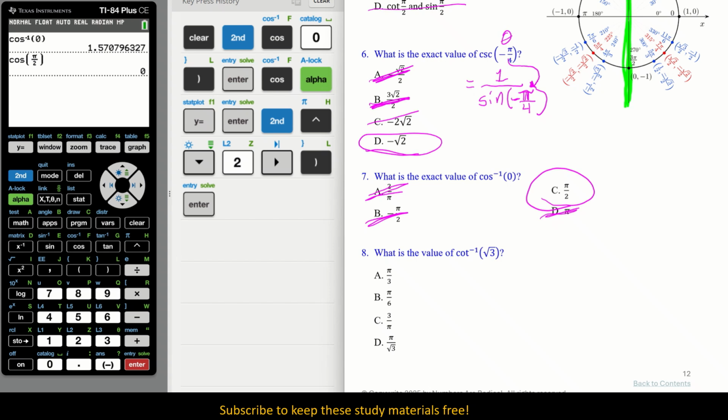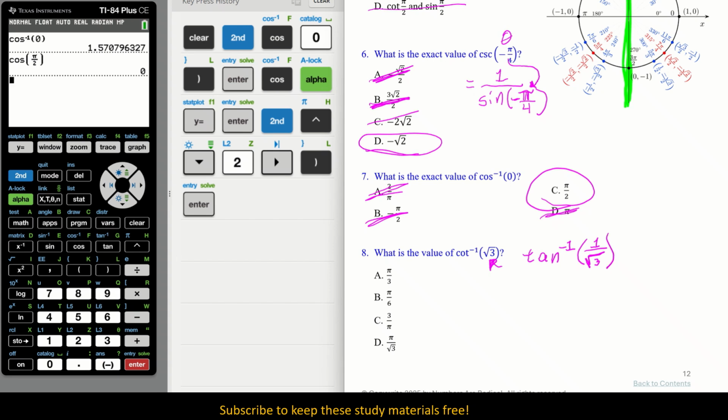Notice number 6 didn't have an inverse, so we had to just simply use the reciprocal of the related value. And we know that cotangent and tangent are related. But for this one, it's even simpler. For this one, we can use the inverse of tangent. But when we do this, we have to invert the square root of 3. 1 over square root of 3. We have to use a reciprocal here.